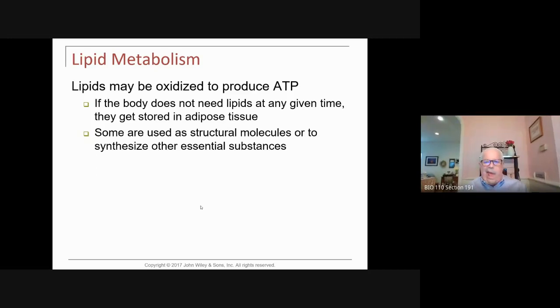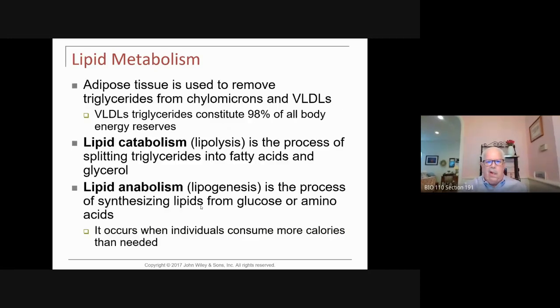Fat can be oxidized to produce ATP. If you need it, you will produce energy from adipose tissue or fat tissue. If you're starving to death, your body will oxidize fat to produce energy to keep you alive, okay?